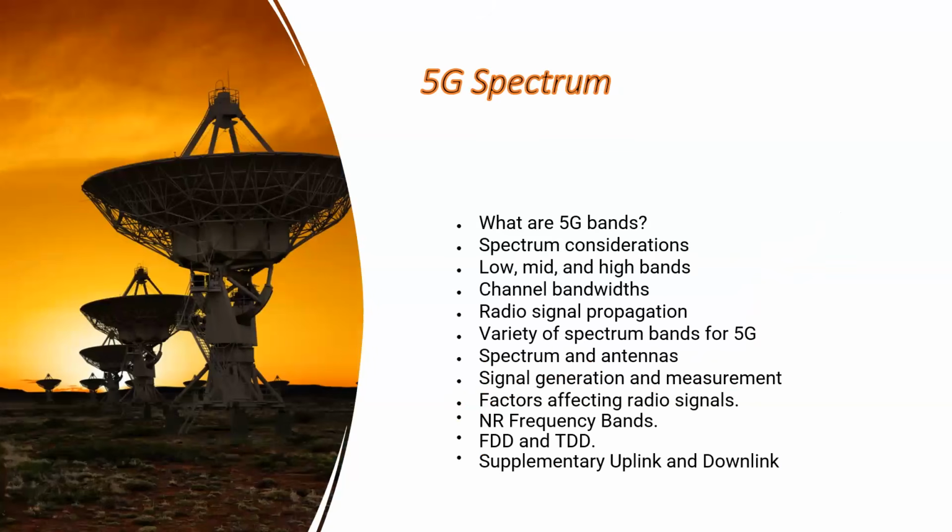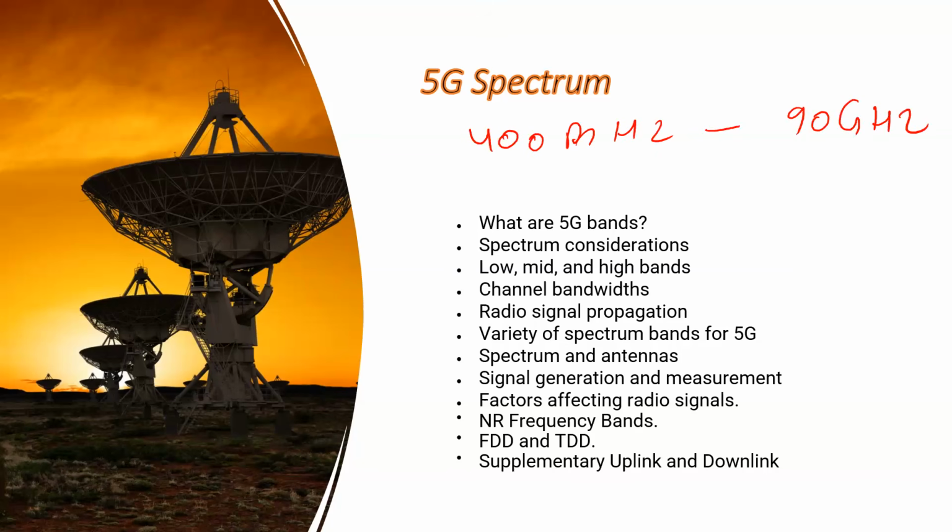Then we'll talk about 5G spectrum. As I said earlier, spectrum is the key asset for mobile operators. The available spectrum is a major factor in defining how much capacity and how wide a coverage the mobile network can provide. And as I said, 5G is the first-ever mobile radio system that is designed to operate between 400 megahertz and 90 gigahertz.